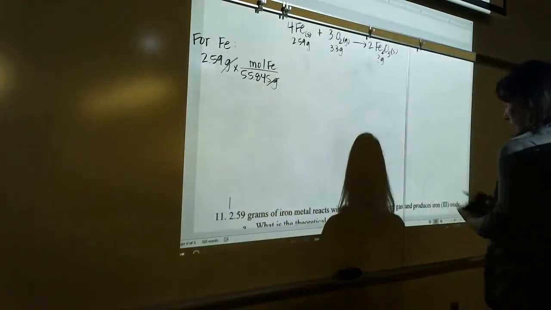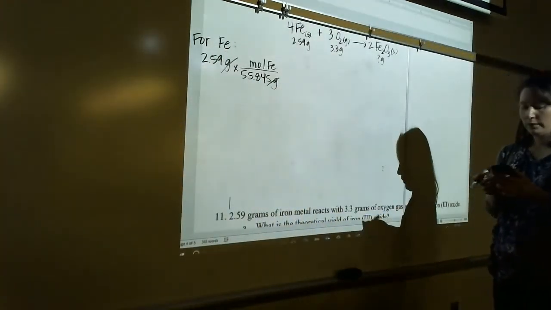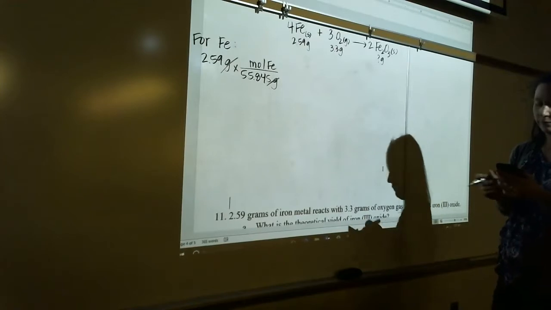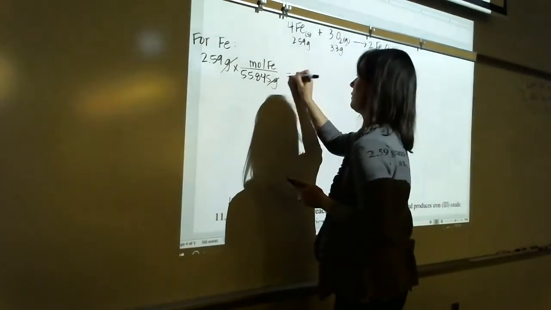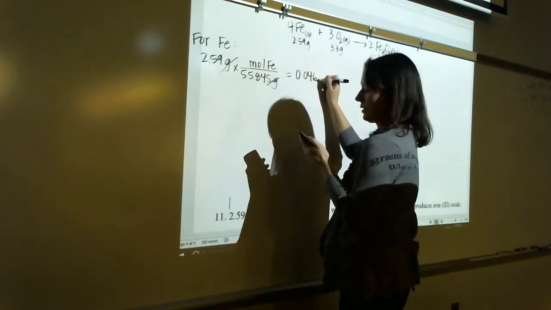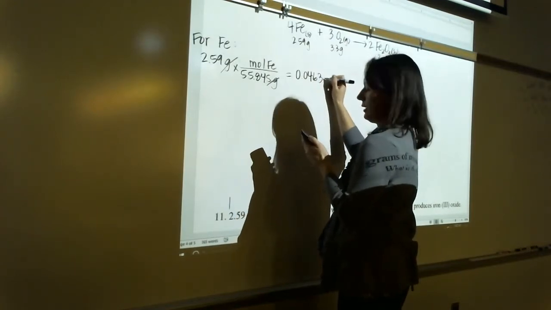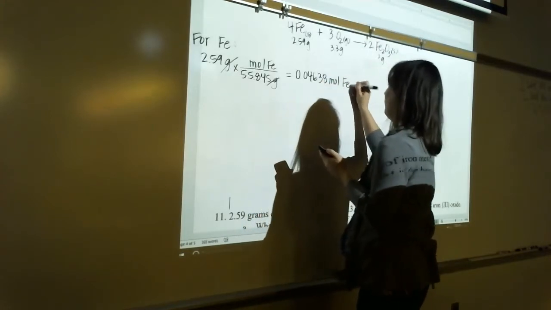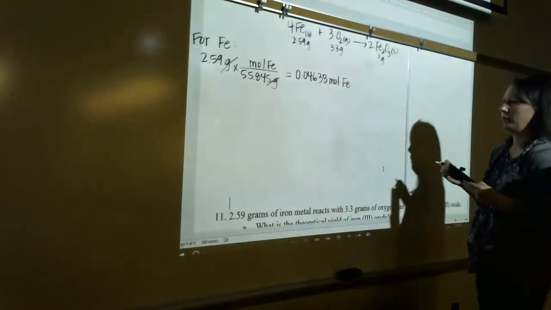So we do some division. 2.59 divided by 55.845. Carrying out extra decimal places because I'll round at the end. That gives me 0.04638 moles Fe.